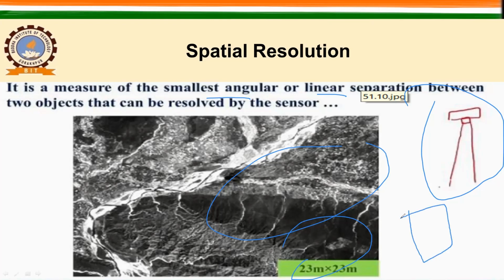This is how spatial resolution is important. If a pixel represents only 1 meter by 1 meter, then the image will be much clearer, as you can understand here. The next one is 2.5 meters by 2.5 meters. We have the next image also.